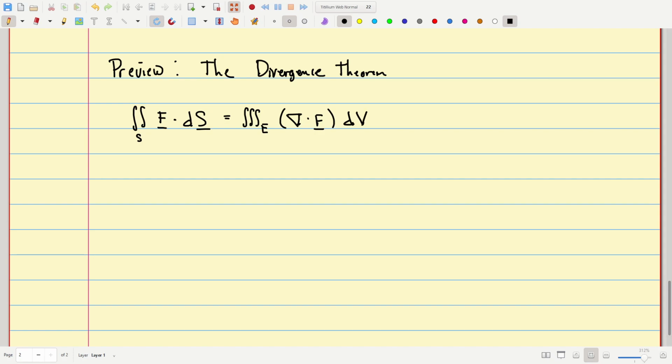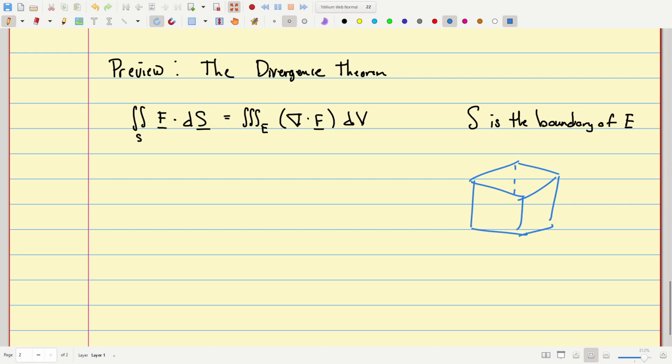Okay, so this is called the divergence theorem. E is a simple solid region, and S is a surface that has all the properties that we think of a nice surface having, except S is a closed surface because it is the boundary of the solid E. So S might be the surface that is the boundary of a cube or something, or an ellipsoid, the surface of some 3D region.